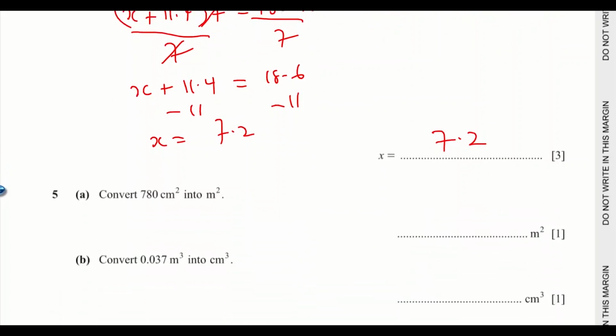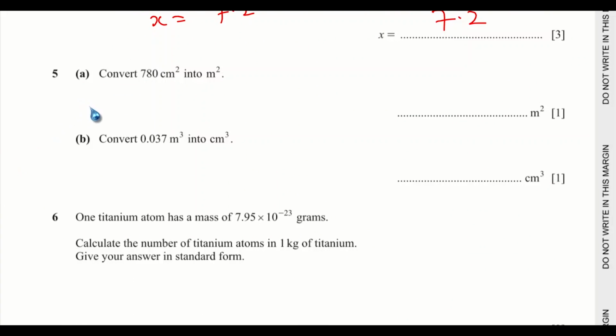So let's go to the next question. Question 5a. Convert 780 square centimeters into square meters. We can use an acronym, that is King Henry died by drinking chocolate milk. This is the base where we have the liters, the grams, and the meters.